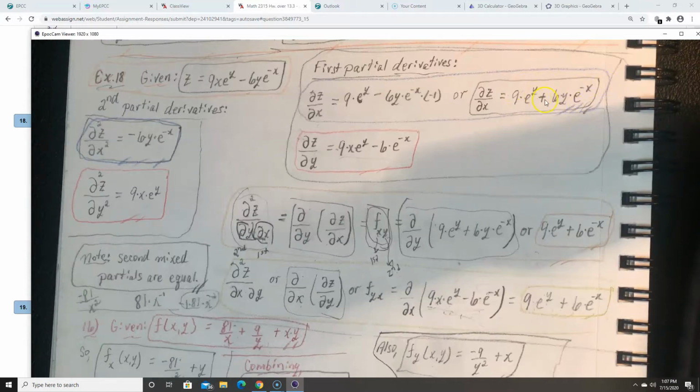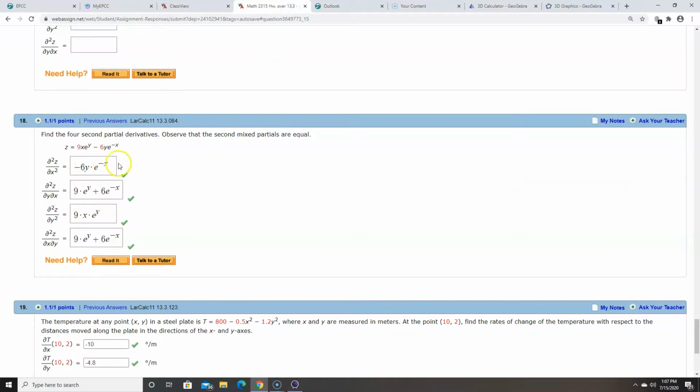And this was 0, remember, so it's just negative 6y e to the negative x, which is right here. And then lastly, the second partial derivative of z with respect to y twice.